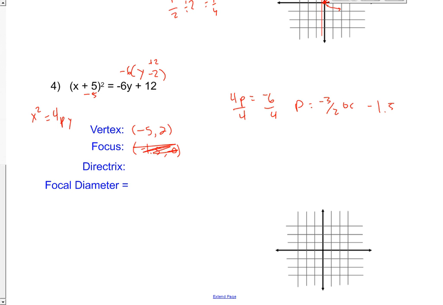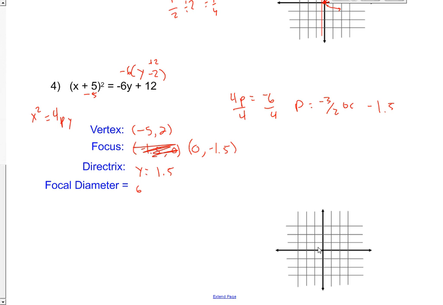I'm sorry, this is going to be 0 comma -1.5, because the focus has to go up and down. And then the directrix will be horizontal, so that's going to be y equals positive 1.5. And my focal diameter is the 6. And remember, it's the absolute value of that number.